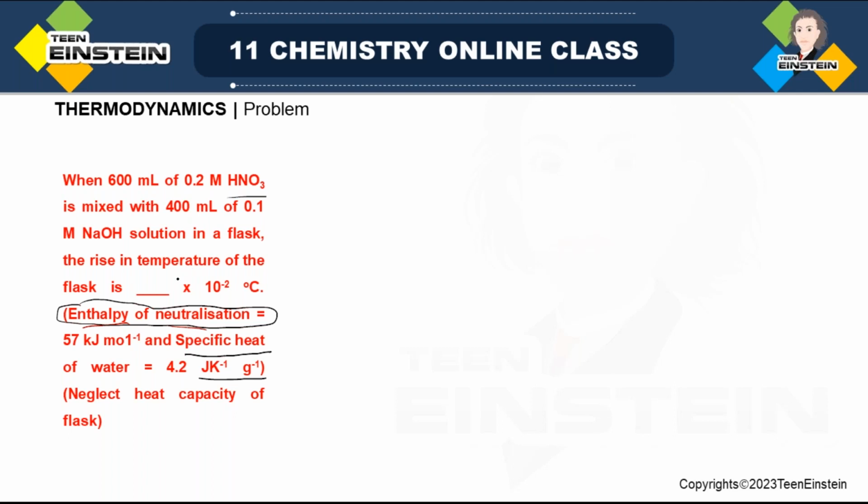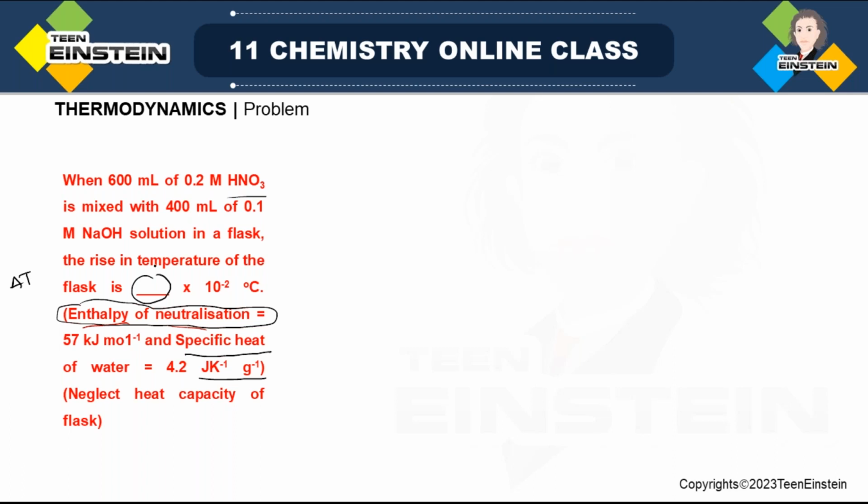And as it is an exothermic reaction, we know the reaction between acid and base is exothermic, there is a rise in temperature because heat is liberated, and that rise in temperature, that is the delta T value, is something into 10 to the minus 2. So whatever quantity we have, we have to find in terms of degree centigrade.